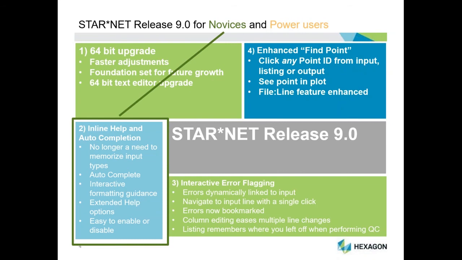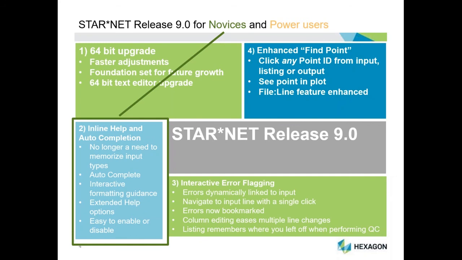So novices are going to find that inline help and auto completion make it easier to learn the product. In both cases, with both help and auto completion, a new user in STARNET generally will need to learn, I don't know, about 5 codes that they normally interact with.